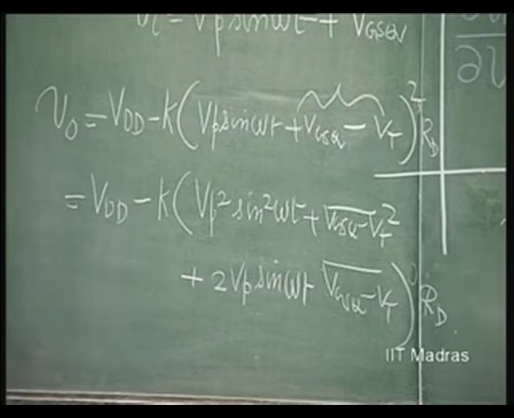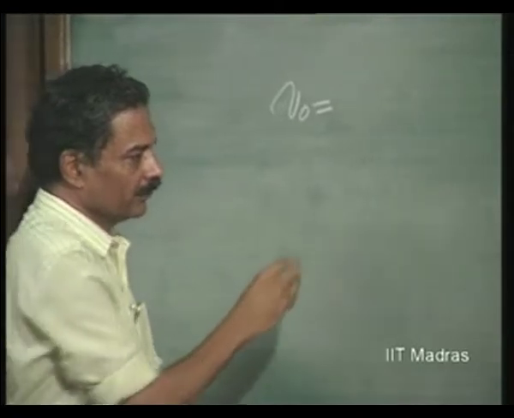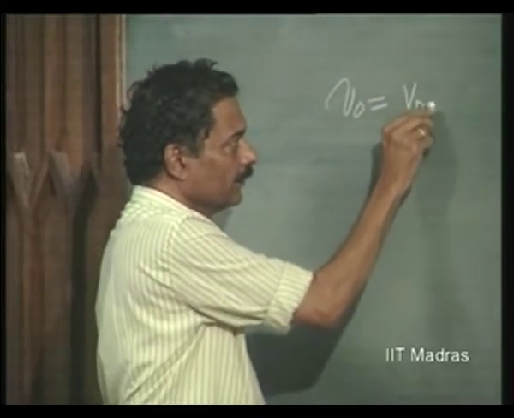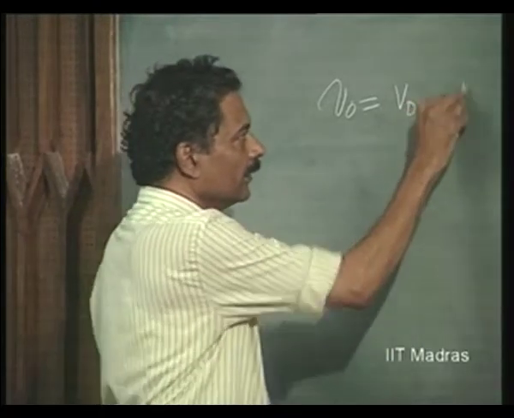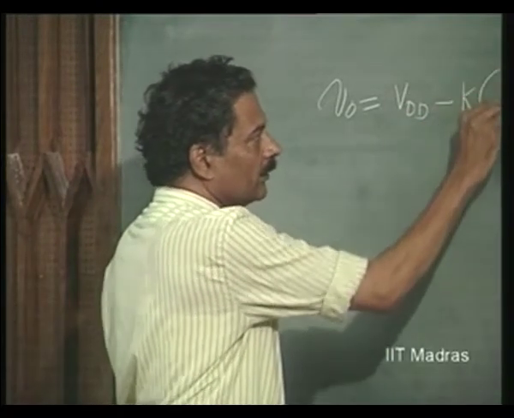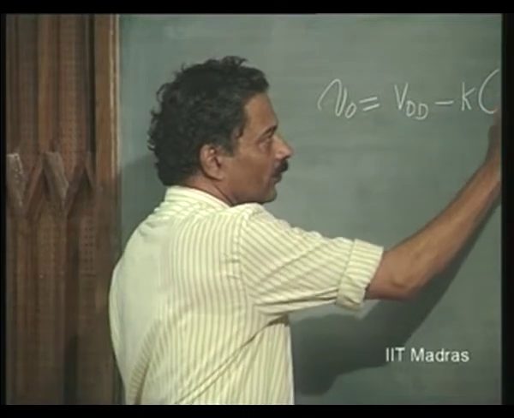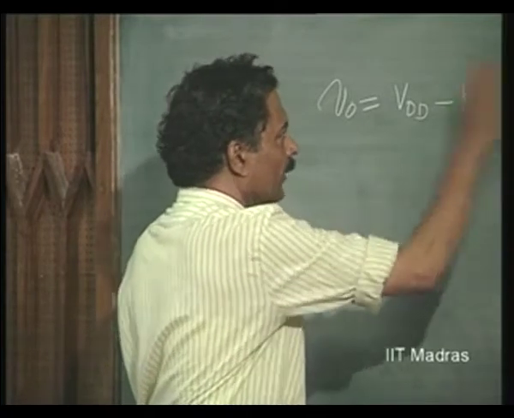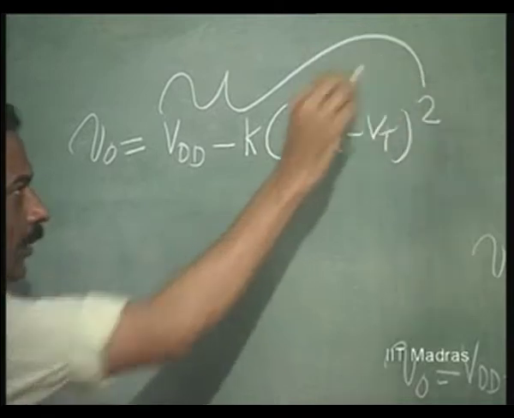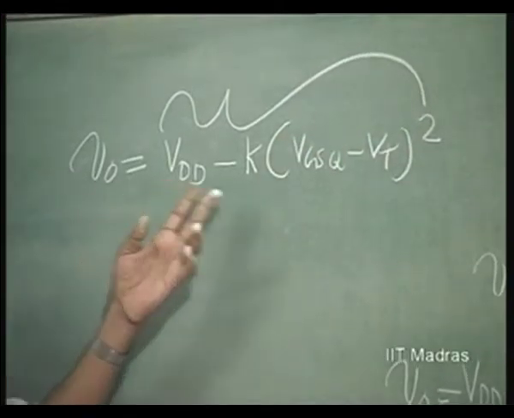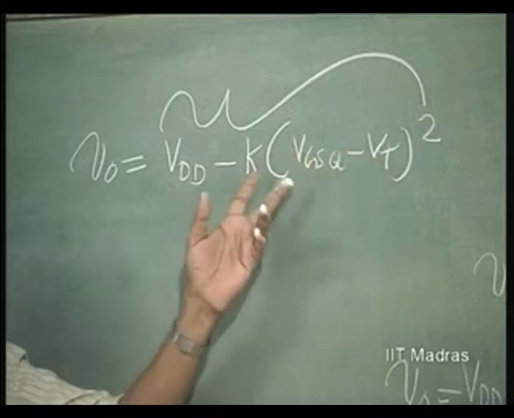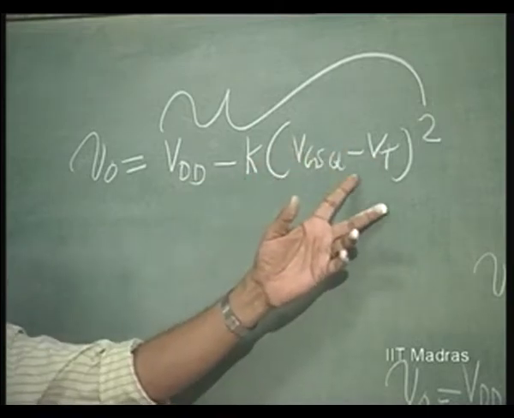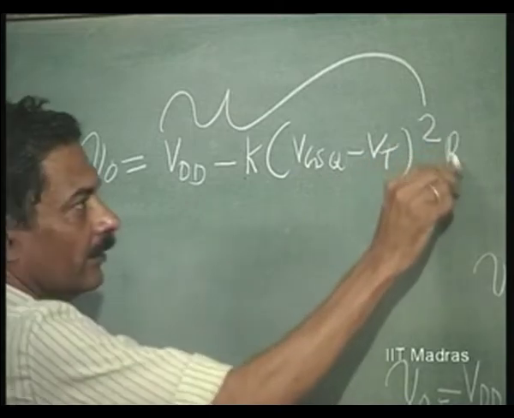Now, let us see, V naught is therefore going to be equal to VDD, which is a DC, minus k times VGSQ minus Vt whole squared. What is this? This whole thing, because this is VDD minus k times VGSQ minus Vt whole squared, which is nothing but IDSQ, this into Rd.